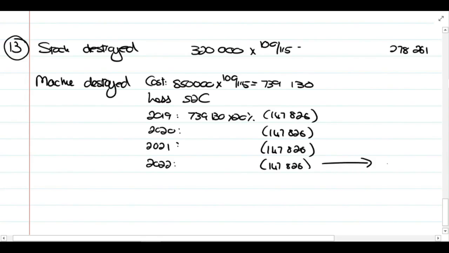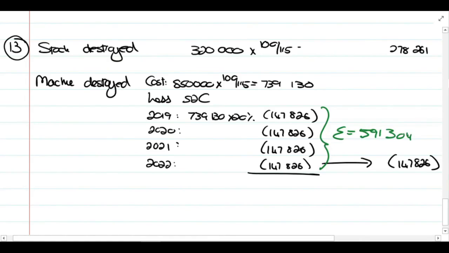And important, remember that you have to show it and claim it in the current year as well. So 147,826. I'm going to make this note here. The sum here is 591,304. This gives me 147,826 as the tax value when it was destroyed.